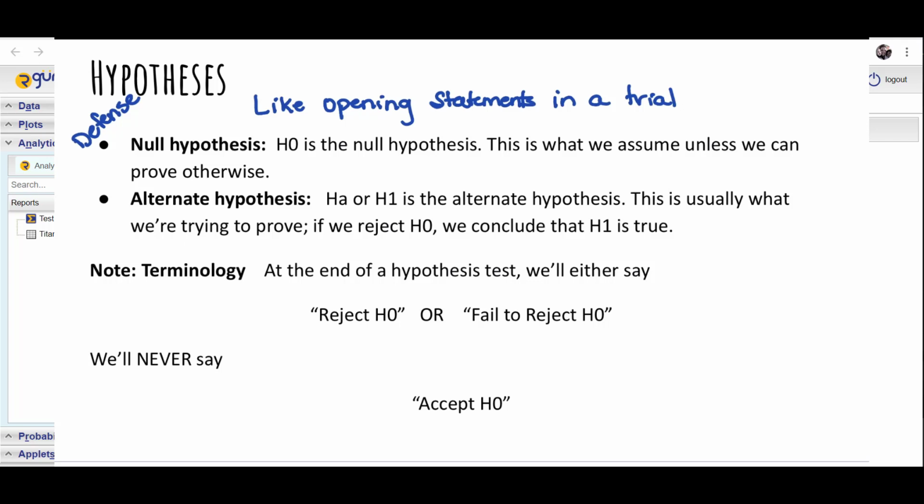I think it's spelled that way. So the null hypothesis statement is the statement for the defense. And the alternate hypothesis statement is the statement for the prosecution, right? At least that's the way I look at it.